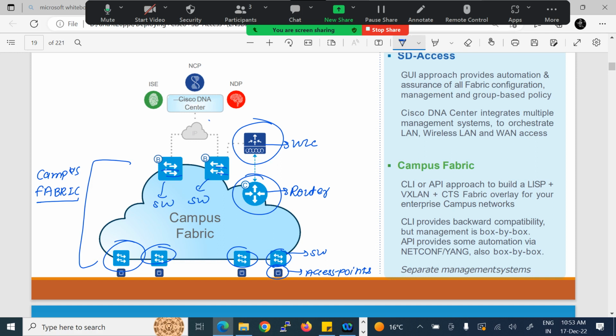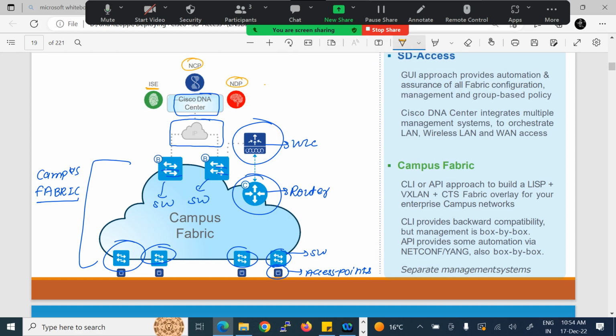Then you can see the IP connectivity, and in IP connectivity, we have the Cisco DNA Center itself. So basically, DNA Center mainly has two components. The first component is known as NCP, and the other component is known as NDP.